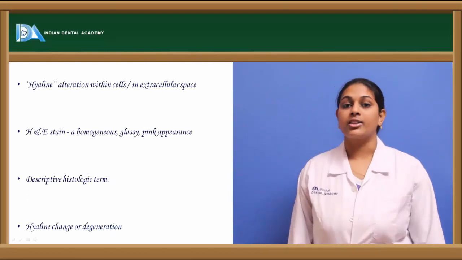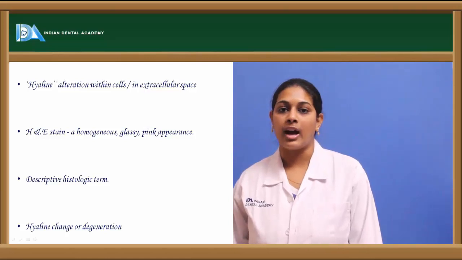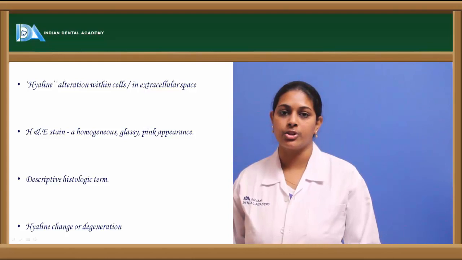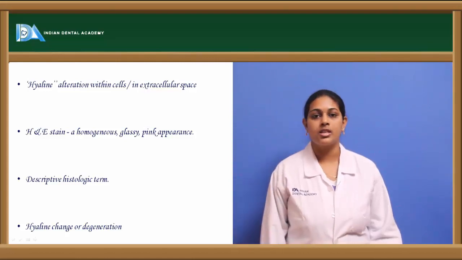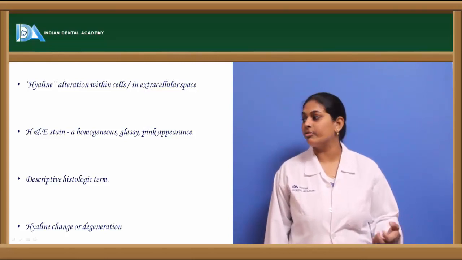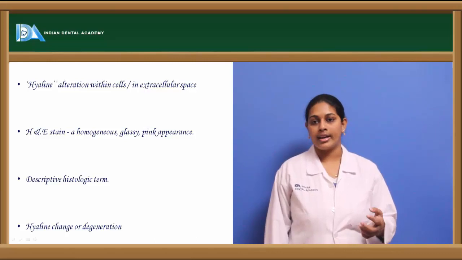Hyaline is not actually a specific marker for any injury or any harmful substance, but rather a descriptive term in a histological section of a tissue. Since it can be viewed only under a microscope, it can also be called a microscopic feature. Hyaline could be an alteration within a cell or within an extracellular space.